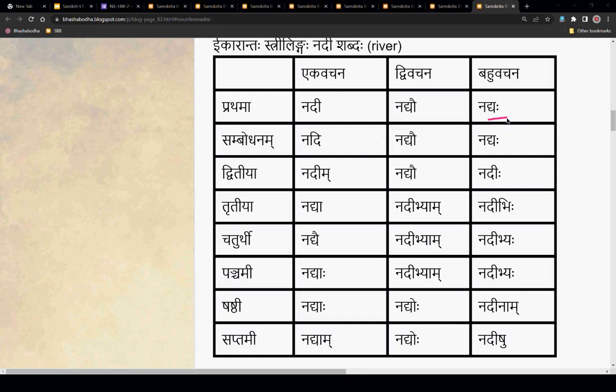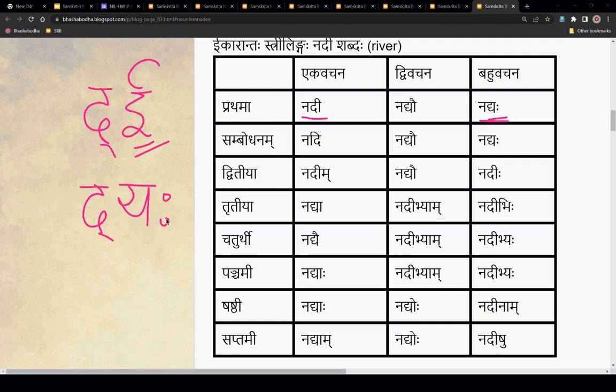So what is happening in the Bahuvachanam here? In the Ekavachanam, there is the E, right? Nadi. How is Nadi formed? Na and the E. In Bahuvachanam, we are removing this E and just adding Yaha at the end. Nadyaha.